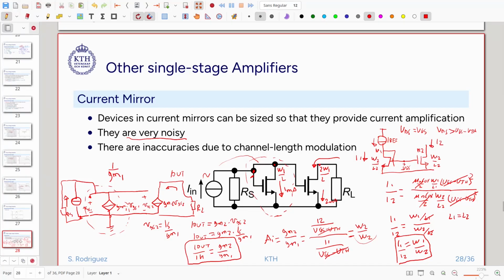But in this one, no. The drain voltage can float, can take different values than in transistor 1, and that will change the current that passes through the transistor due to channel length modulation, a situation that is more problematic when the length is very small. Okay, but current mirrors are extremely useful. We are going to use them a lot. We are coming back to current mirrors later.